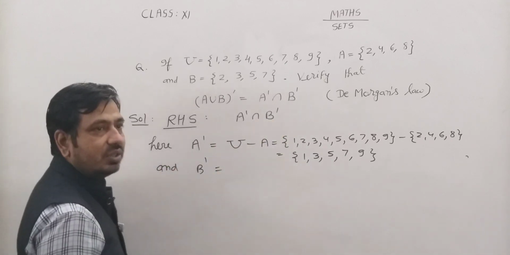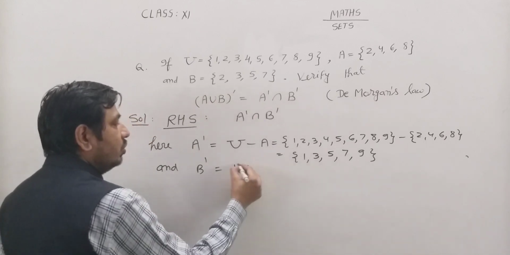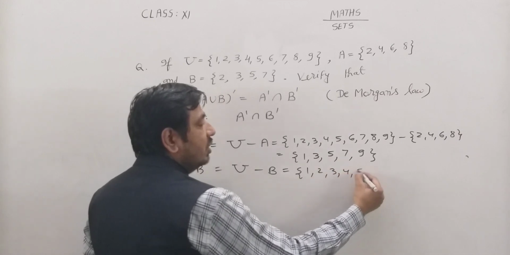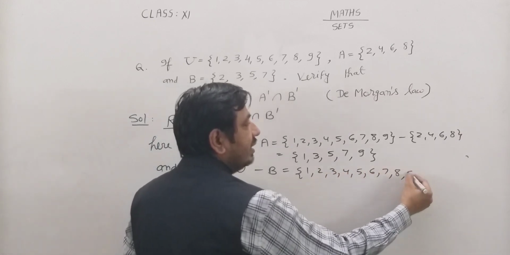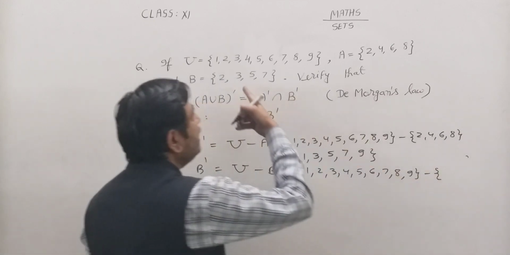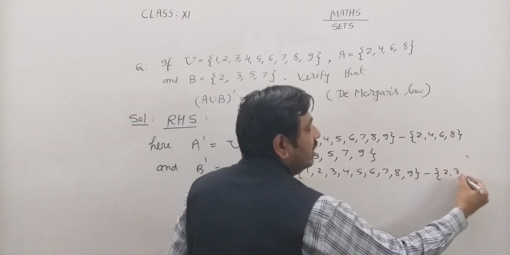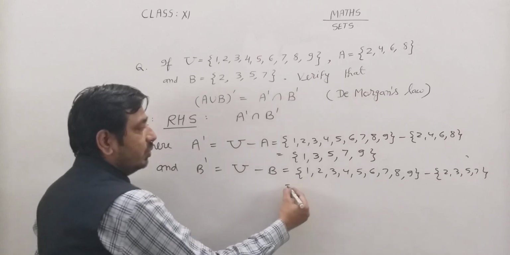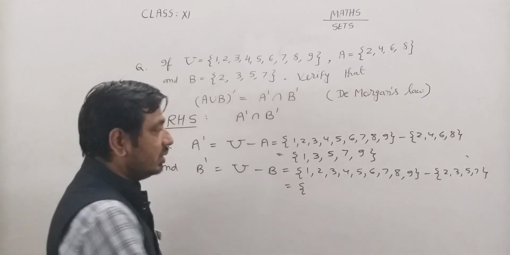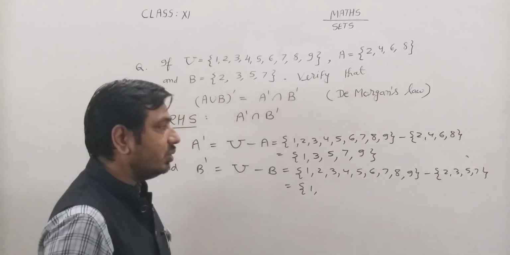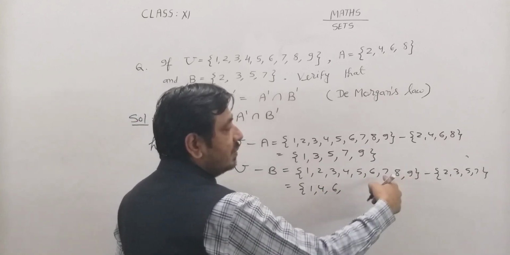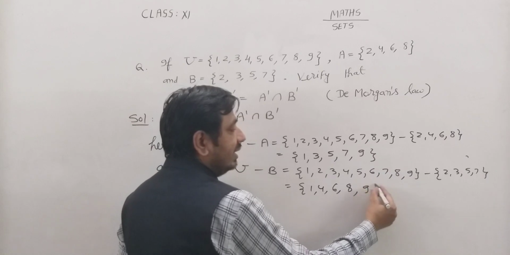B dash means universal minus B. The universal is 1, 2, 3, 4, 5, 6, 7, 8, 9 minus B, where B is 2, 3, 5, 7. Class, you subtract B from the universal, then what do you get? 2, 2 cancel out, 1 is left, 3, 3 cancel out, 4 is left, 5, 5 cancel out, 6 is left, 7, 7 cancel out, 8 and 9 are left.